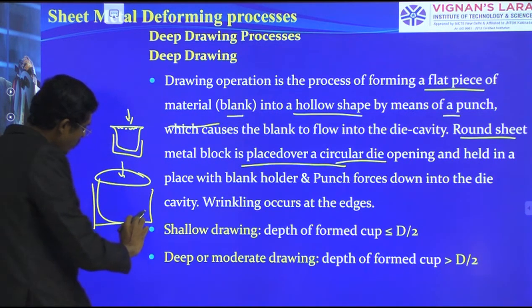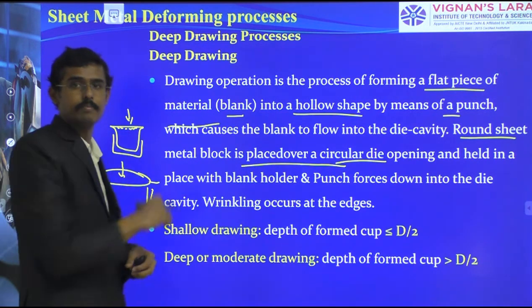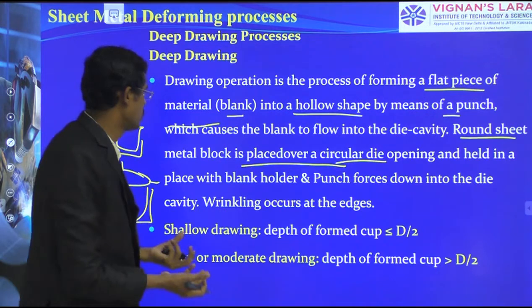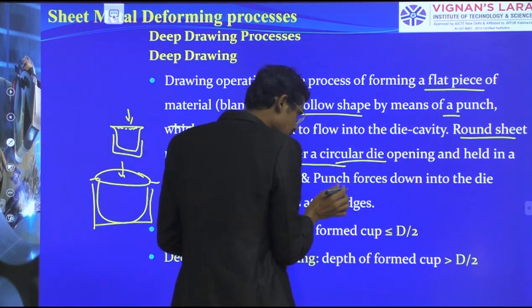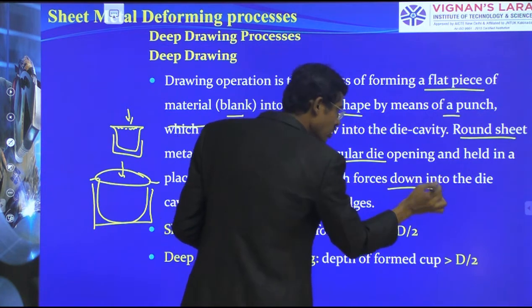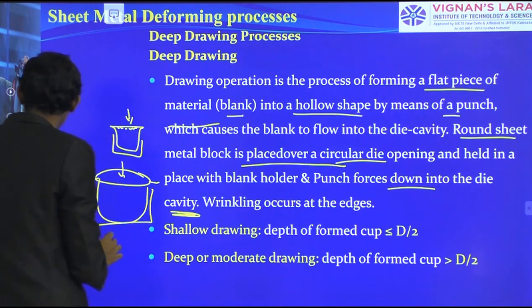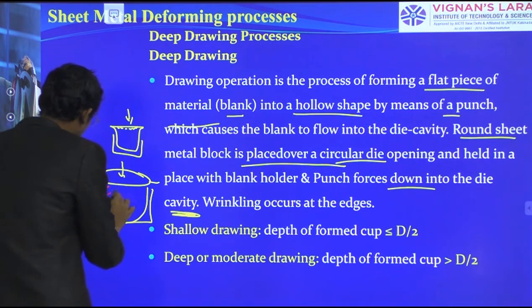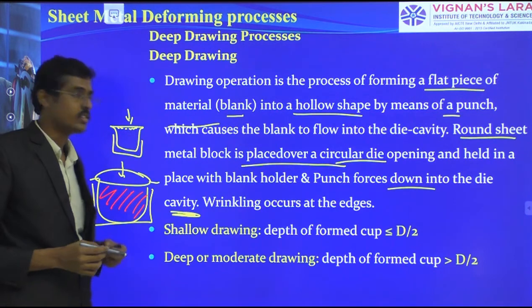In such a way it goes deep, and the punching mechanism forms the curve. So a tumbler we can form like that. With the blank over that, the punch is forced down into the die cavity. So here the cavity is there. These die cavities are generated. Likewise it can be generated.